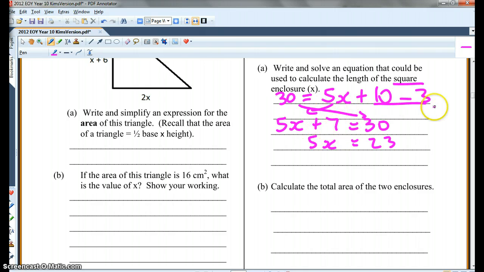Then I took 7 off both sides, so x equals 23 over 7, which I can do on my calculator. 23 divided by 7, and I get 3.2857, so 3.29, and that I think is metres.